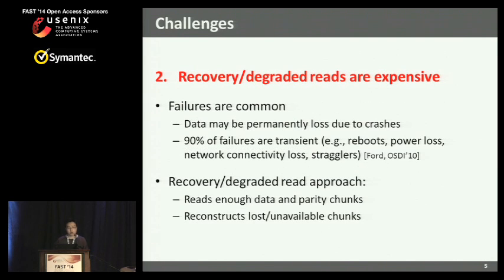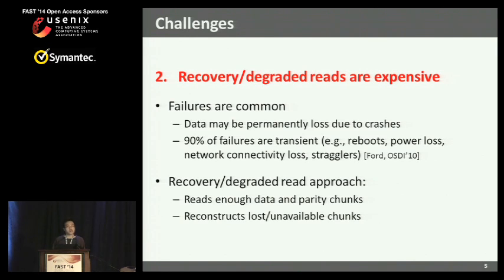The second challenge is recovery and degraded reads. They are also very expensive. In distributed storage systems, failures are very common, so you probably need to do recovery or degraded reads all the time. Failures could be permanent, which means data is lost entirely due to crashes, so you need to recover all of it and put it on a new storage device.